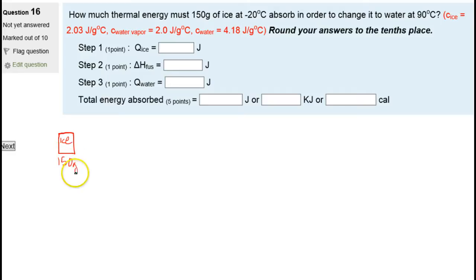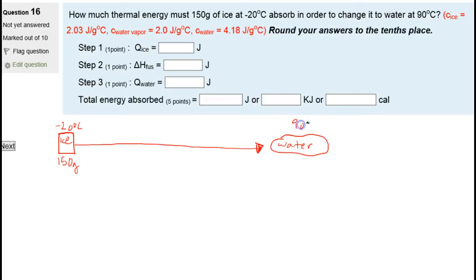and it says that this 150 gram piece of ice is at negative 20 degrees Celsius. What's going to end up happening to this ice over time is that it's going to change into water at 90 degrees Celsius. Its mass is going to stay unchanged.